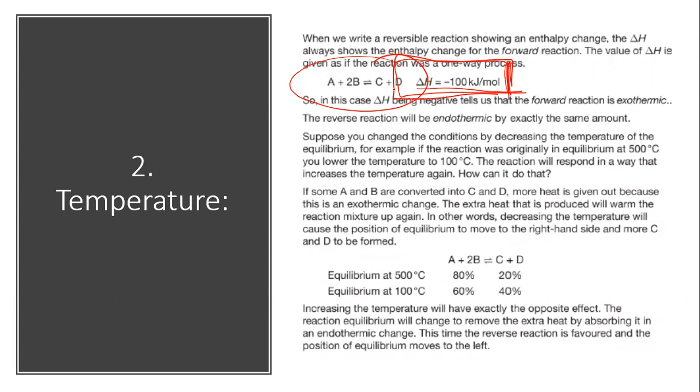So what is going to happen when we increase the temperature? When we increase the temperature, the reaction will shift to the side that is endothermic. And if we decrease the temperature, the reaction will shift to the side that is exothermic. In the situation they've given us here, the forward reaction is exothermic and the backward reaction is endothermic.